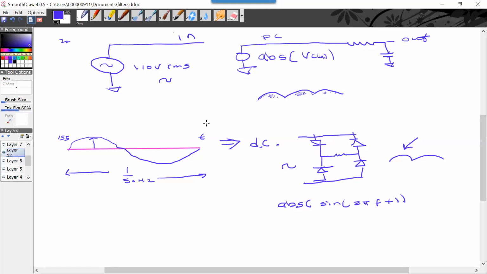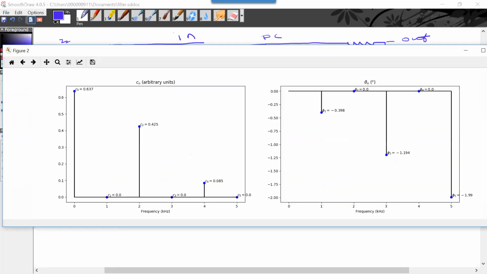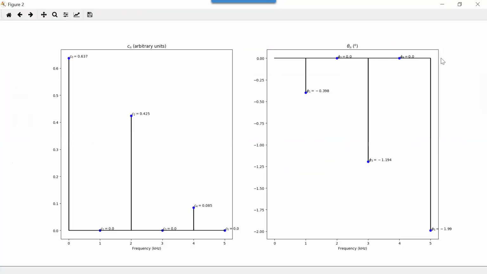So what we have here is the Fourier spectrum of the absolute value of a kilohertz sine wave. In fact, it doesn't really matter. You can just use 1, 2, 3 and put the scale down here to whatever you want.